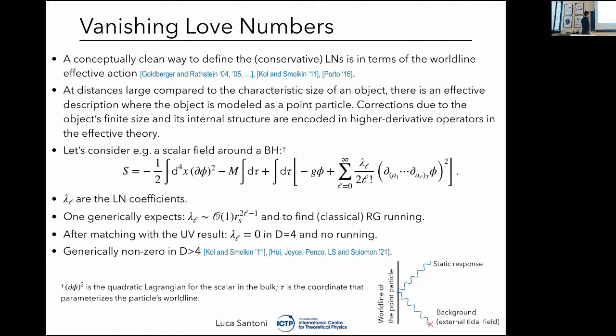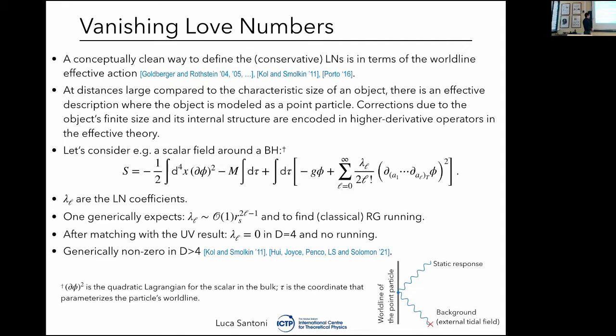The second property is that we generically expect to have some, in this case, classical RG running. Okay, and this is what happens for, again, a generic object. But if you consider the black hole, neither of these is order 1. In fact, these are 0, and there is no RG running. So this is the reason why the vanishing of the Love number is kind of a puzzle.